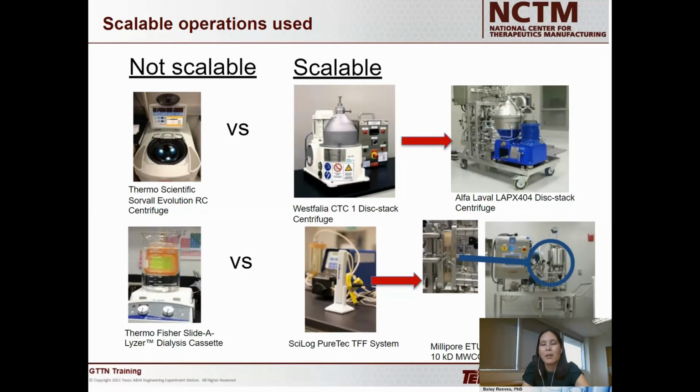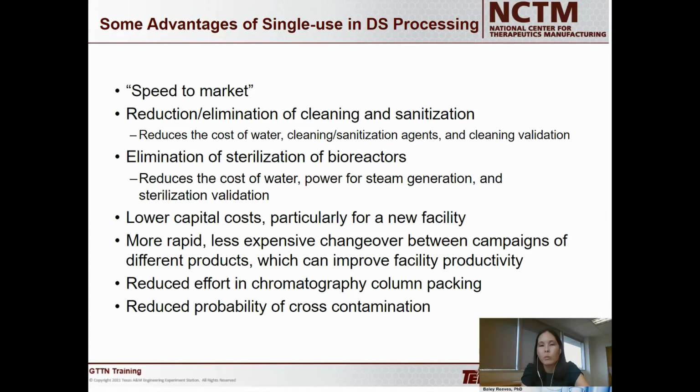So an example of a not scalable unit operation would be something like dialysis, whereas a TFF or an ultrafiltration system is an example of something that's scalable. So just keep in mind, especially if you're early on in your process, the earlier you start using these unit operations that are scalable, the less development efforts are going to be needed later on.